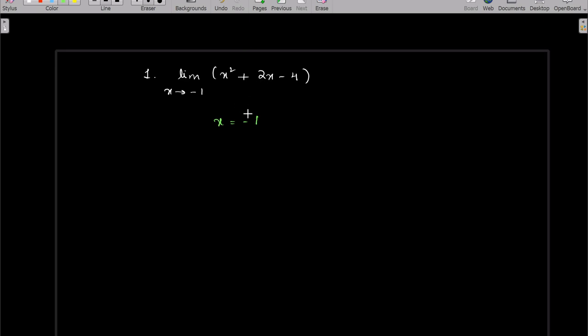Anika, there are some indeterminate forms you should know. The indeterminate forms are 0 over 0, infinity over infinity, 0 times infinity, 0 raised to infinity. If you get any of these forms, then we cannot use the method of direct substitution. This is the method of direct substitution.